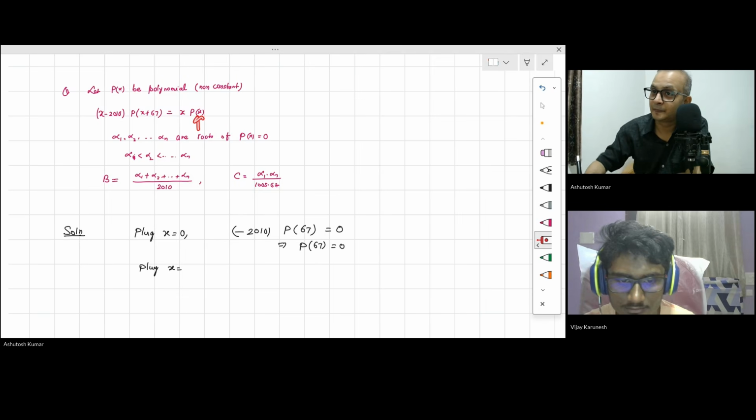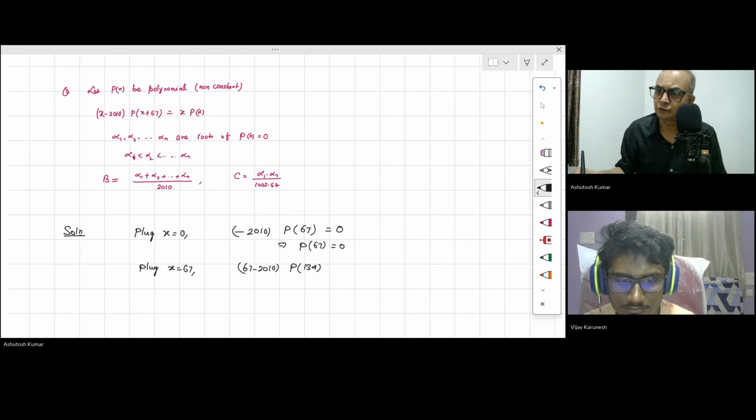So again I'm substituting 67, and that will give 134 now, 67 into 2. 134 is equal to 67 into P(67). But we already found that P(67) is 0, so again this will give 0.